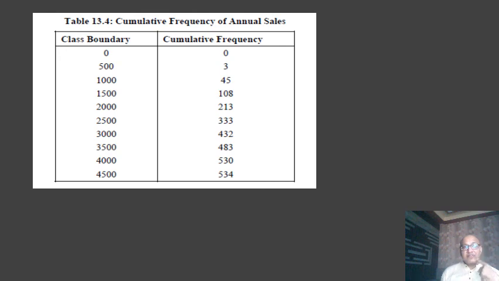So if we want to draw an ogive, then we are required to draw a graph of cumulative frequency. In this table, I calculated cumulative frequency of the previous data, and with the help of cumulative frequency, we can draw an ogive.